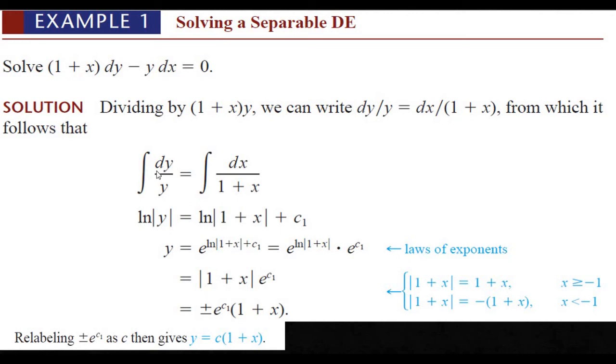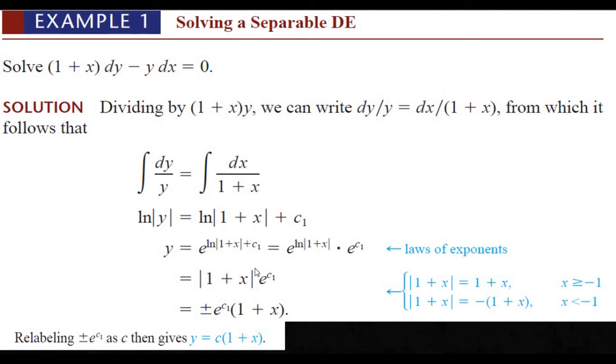From here we know that the integral of 1 over y is equal to ln |y|, and the integral of 1 over 1 plus x is equal to ln |1 plus x|. We have ln |y| is equal to ln |1 plus x| plus c1. We can write this sum as a multiplication with e to the power c1. e to the power ln |1 plus x| will be 1 plus x, multiplied by e to the power c1.